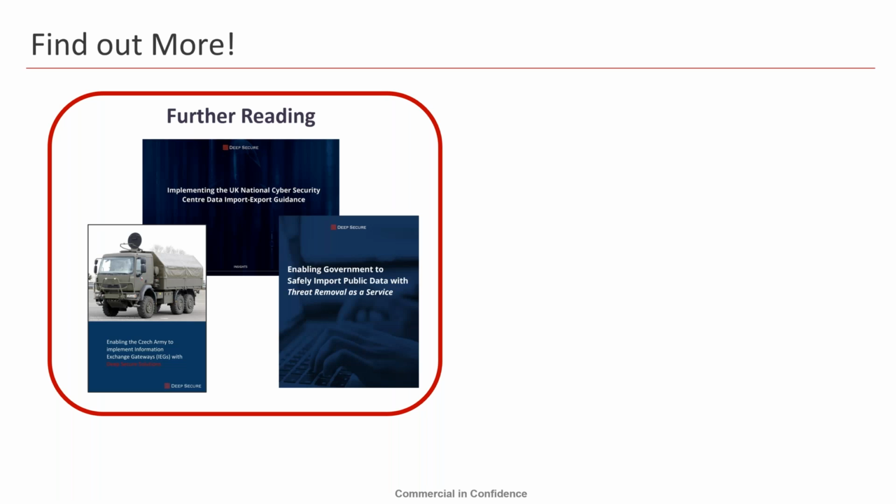We've also attached a couple of case studies showing how we've helped other organisations achieve their goals for safe cross-domain information exchange. And again, attached is a PDF of the slides of this presentation.